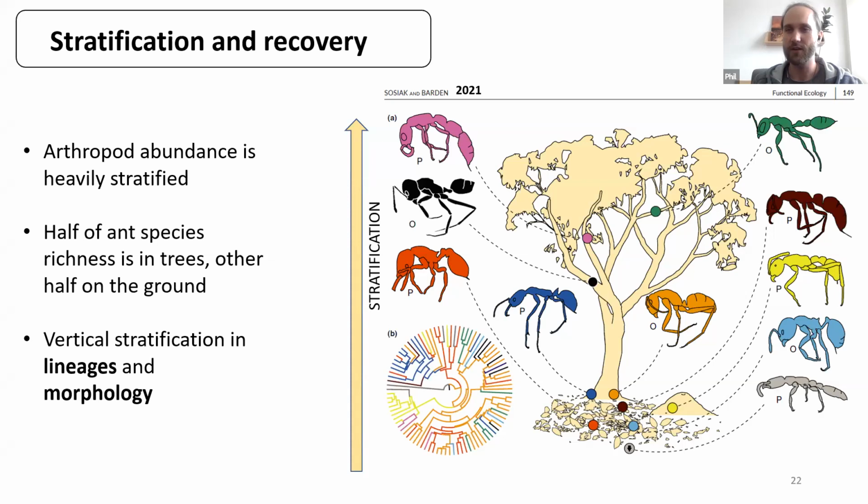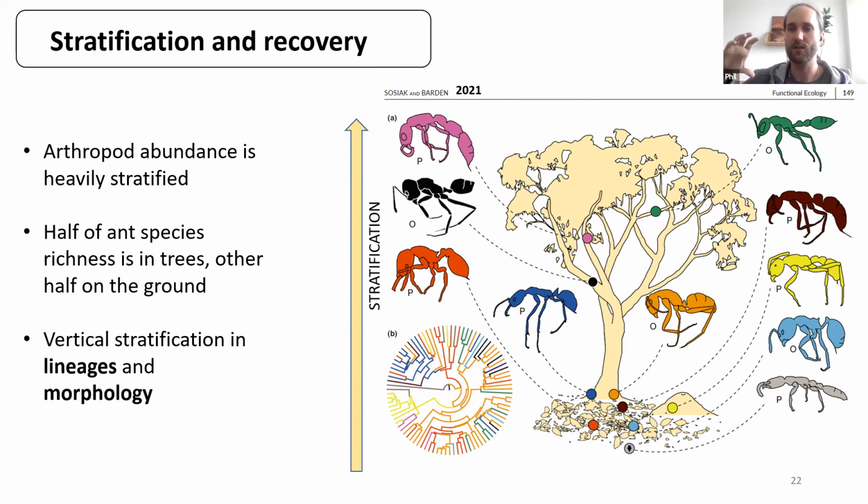Okay. Now, as you might know, especially in tropical forest, there's a lot of vertical stratification going on in the arthropod assemblages. So you have completely different fauna in the trees than on the ground, for instance.